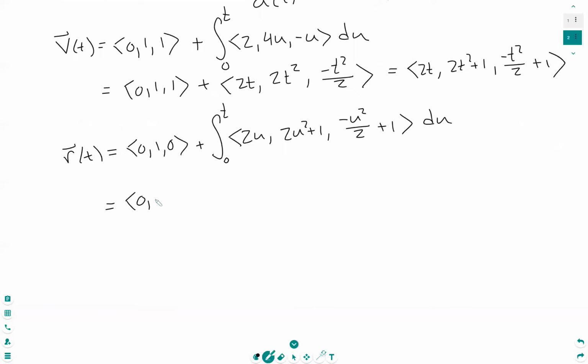So here we have 0, 1, 0. And after integrating and evaluating at 0 and t, we end up with a t squared, a 2/3 t cubed plus t, a negative t cubed over 6 plus t.